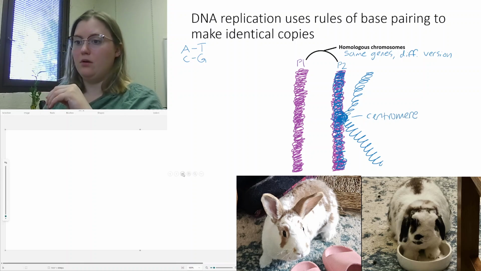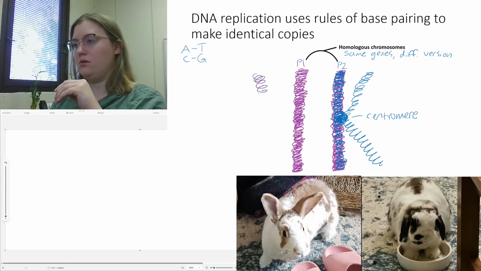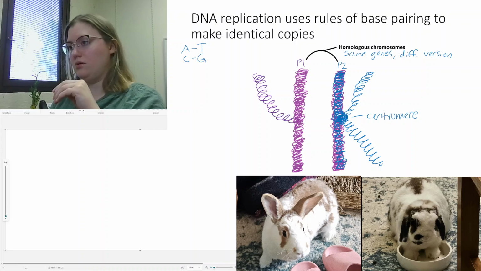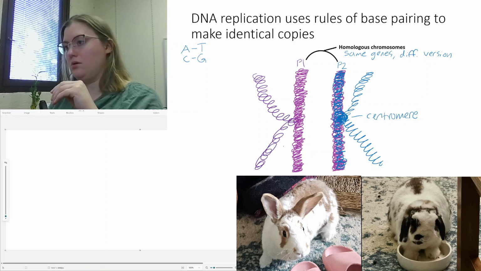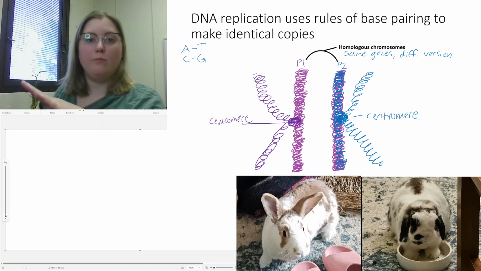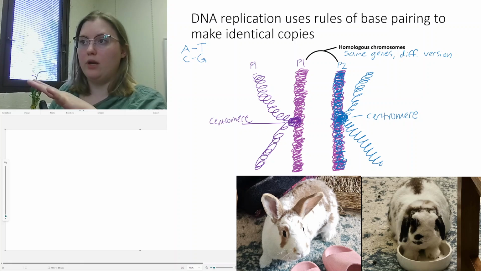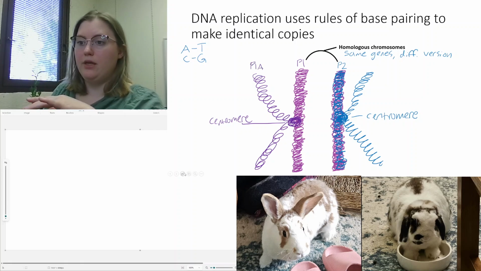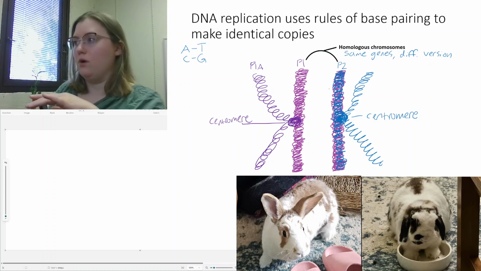Okay, and then we are going to see a copy of P1, connected at the centromere. Okay, so P1's copy we're going to call P1A, and P2's copy we're going to call P2A.